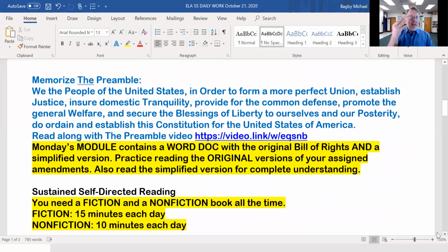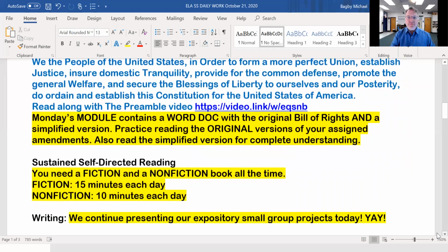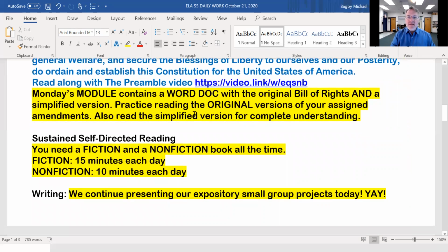We've got, I think, 3 people now who have recited the preamble from memory. It's pretty good. I bet more of you can do it. Don't forget to be practicing your amendments for the Bill of Rights after we finish our presentations today. Tomorrow you will be reciting, not from memory, you don't have to memorize them, just practice them.